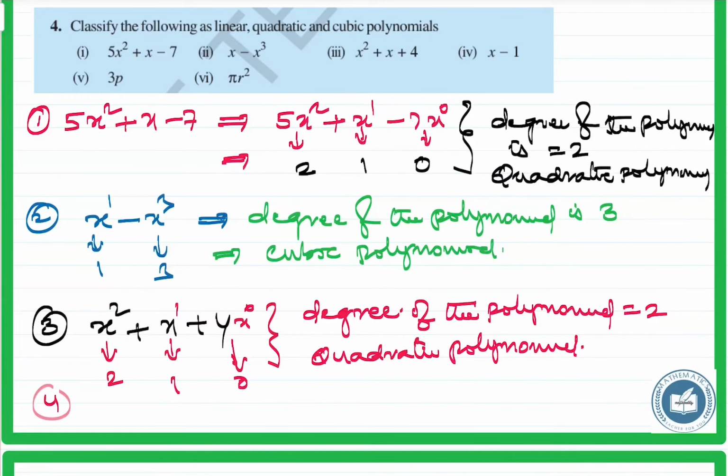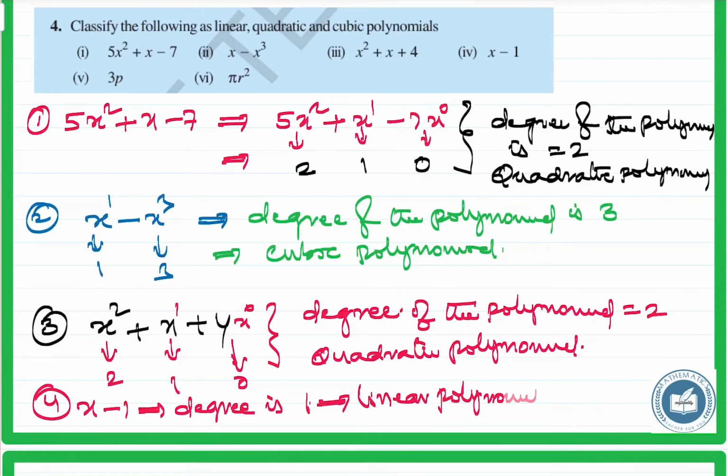Next, fourth one, x minus 1. Here the degree is 1, so therefore it is a linear polynomial. Here it is x to the power of 1 minus 1 x to the power of 0.